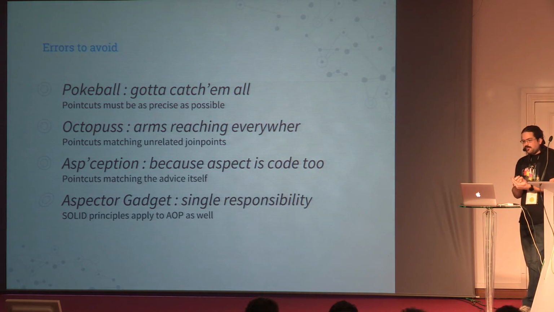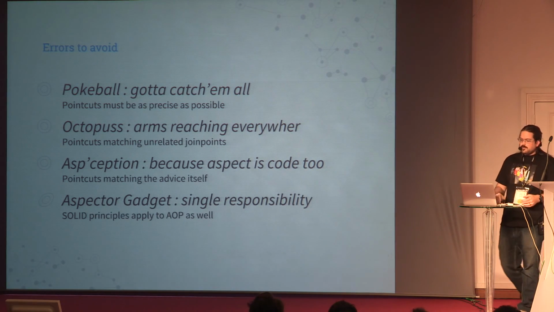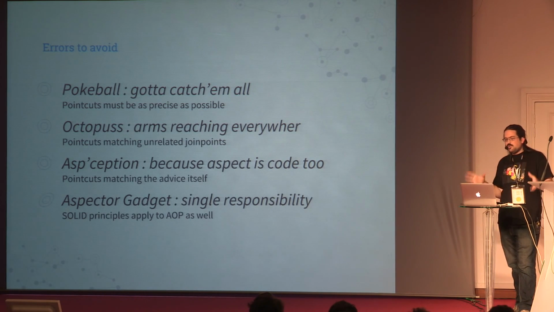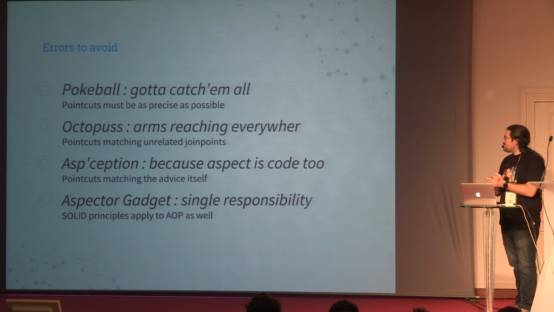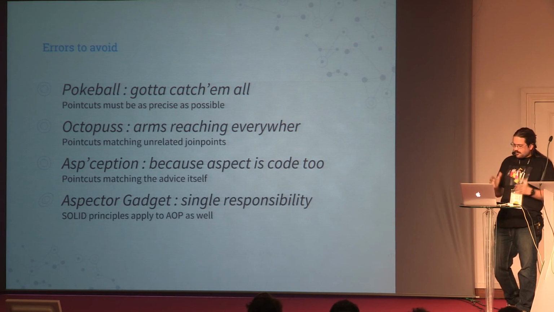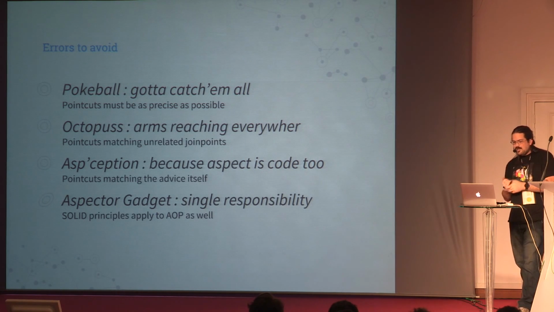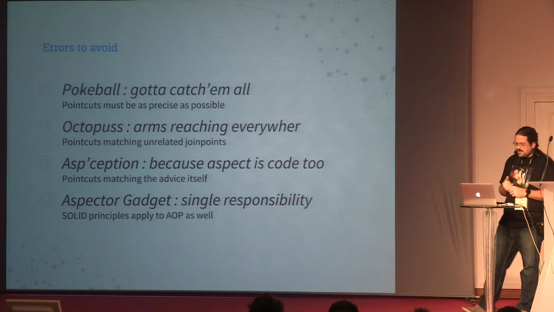Just a couple of errors to avoid, the Pokemon errors. Basically, you gotta catch them all if your pointcut is too wide. Try to be as precise as possible. Also, try to avoid having a pointcut which matches very unrelated join points. One of the biggest mistakes you can make is the exception.